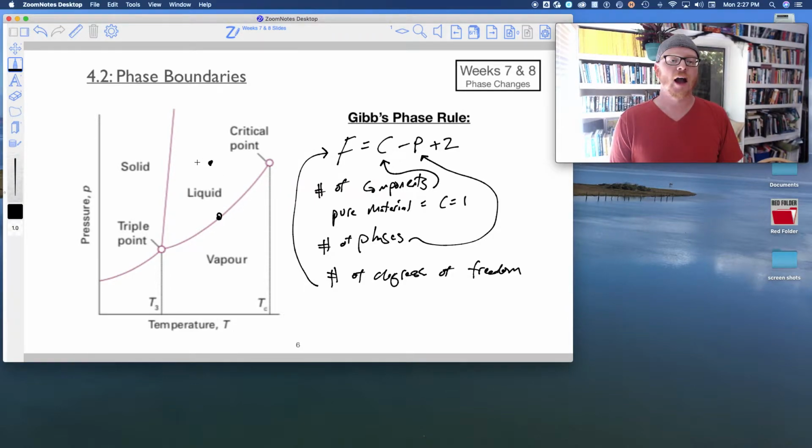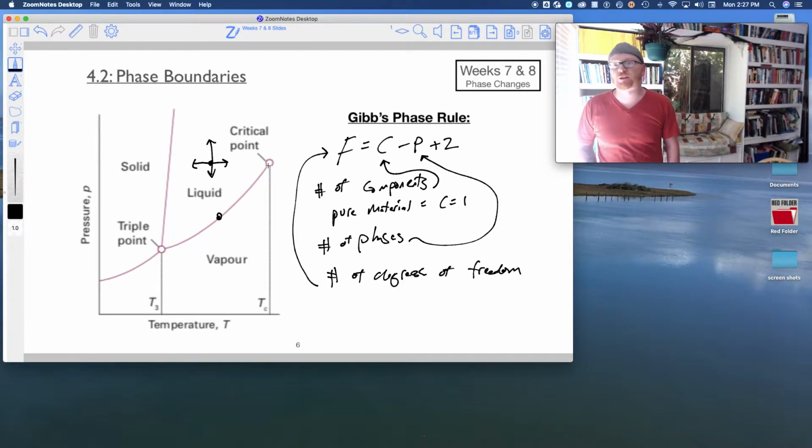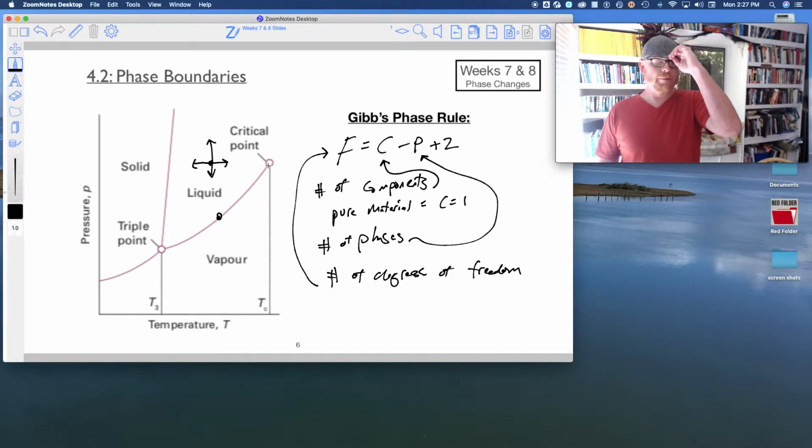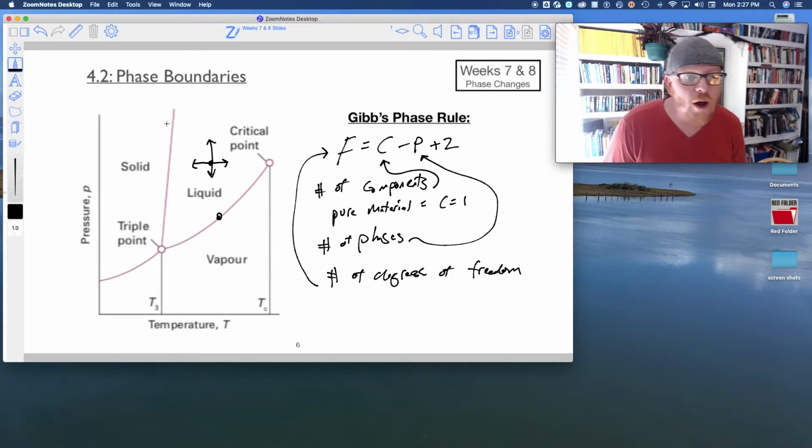I could change the temperature, so that counts as 1 degree of freedom. Or I could change the pressure, and that counts as a degree of freedom. But at the triple point, you have 0 degrees of freedom. You can't change the temperature or pressure and still maintain the triple point.